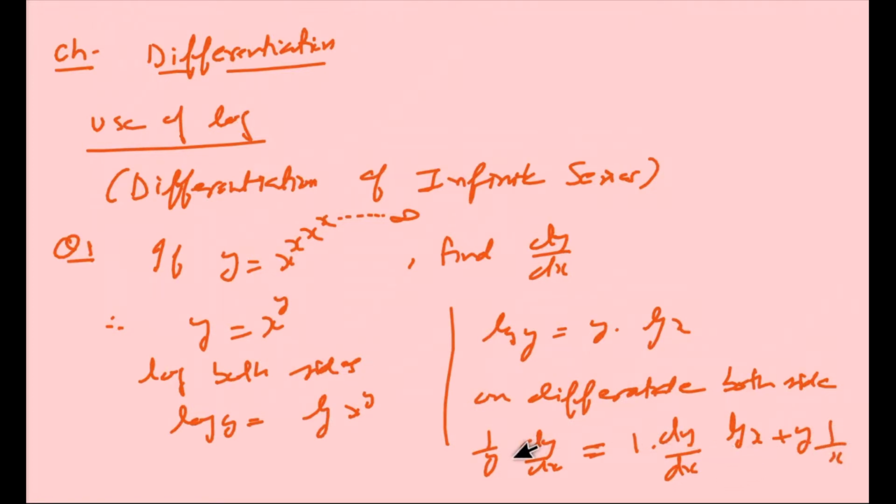Now taking dy by dx common, we can find the value of this dy by dx. So taking the common dy by dx, what we got? We got dy by dx into (1 upon y minus log x) equal to y by x.